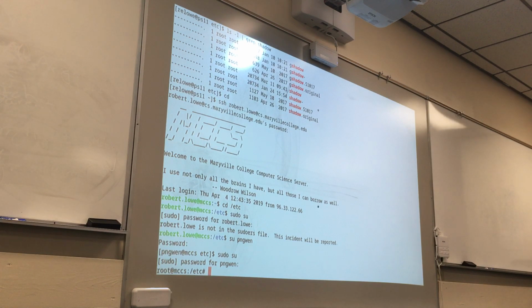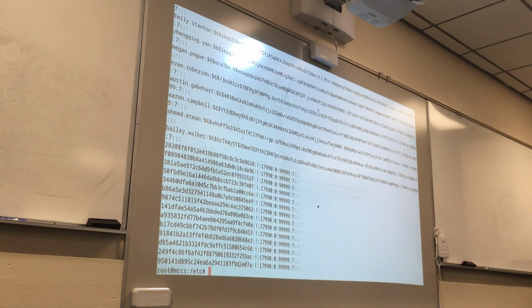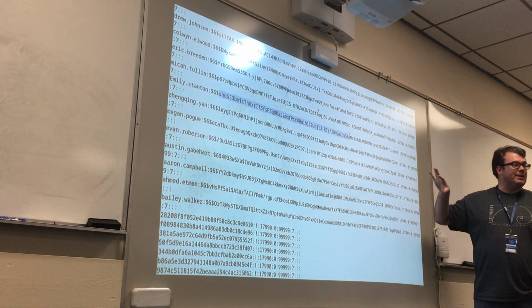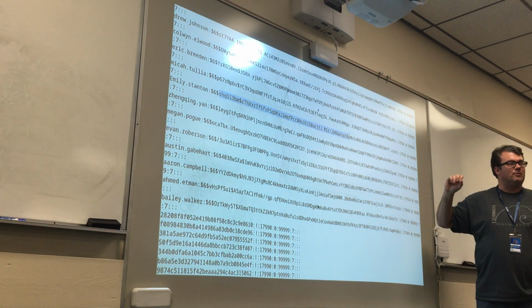Yeah. So if I go cat and then shadow, then we can see the actual hashes here. So this is the password being stored as a hash. What's happened is a hash code has been computed and that's been mapped back onto the numbers. These are actually base 64 representations of very large numbers that the passwords have generated.